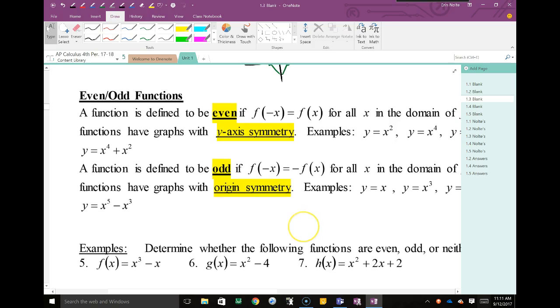Okay, do you remember odd and even functions? Sort of. Okay, so hopefully you remember that even functions are symmetrical over the y-axis. Okay, and odd functions are symmetrical over the origin. If you can remember that, that's good.